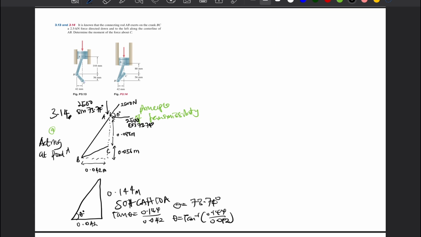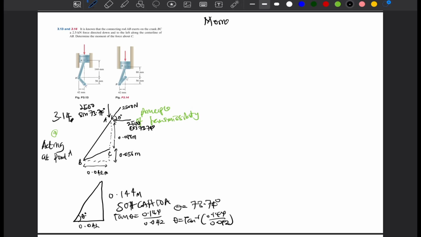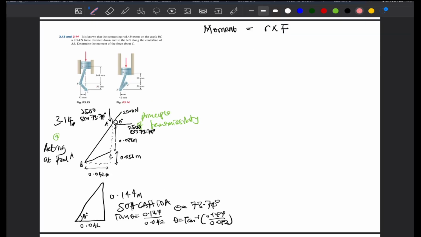Then since this is done, we can proceed to calculate our moment, which is R times F. We can calculate our vertical component first. So we are going to calculate our moments now.